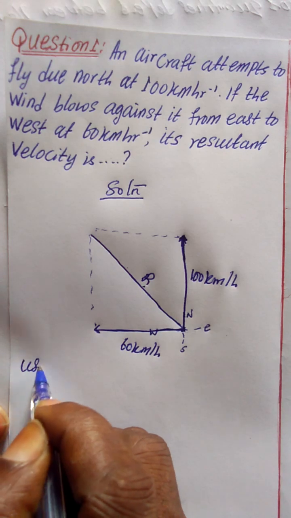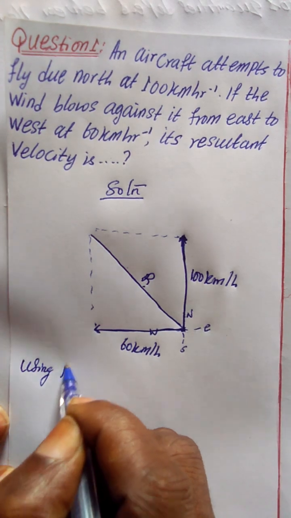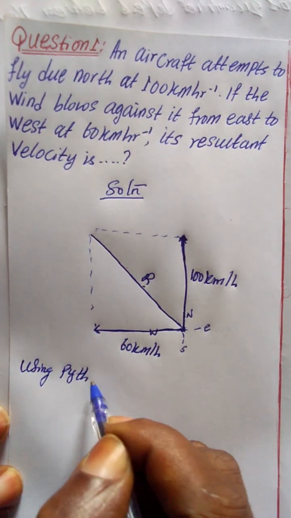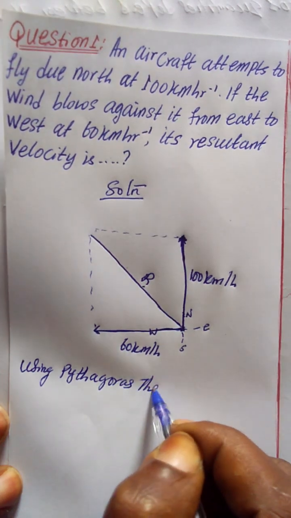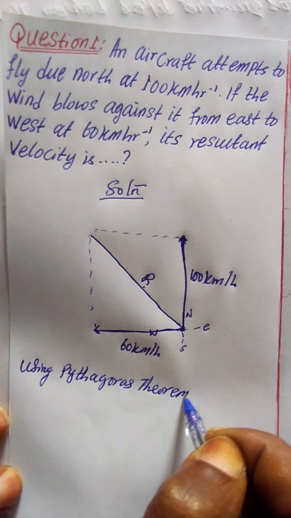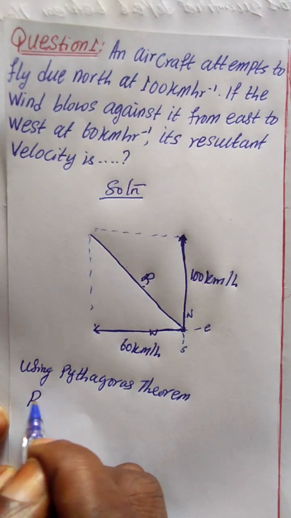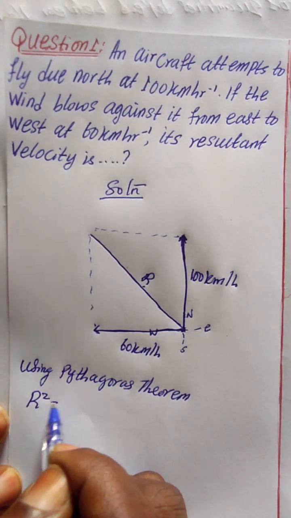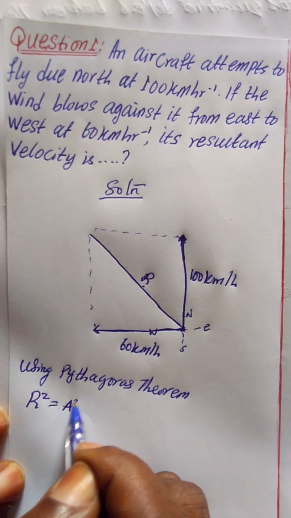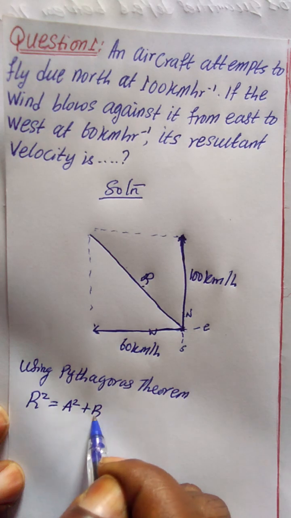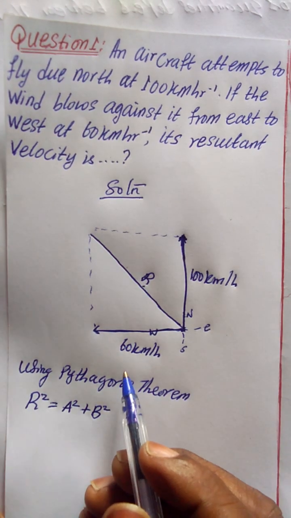So using Pythagoras theorem, which says that R squared equals A squared plus B squared. This is not the original law.